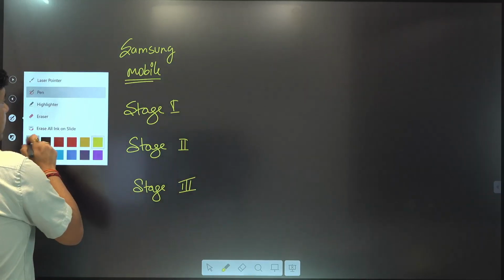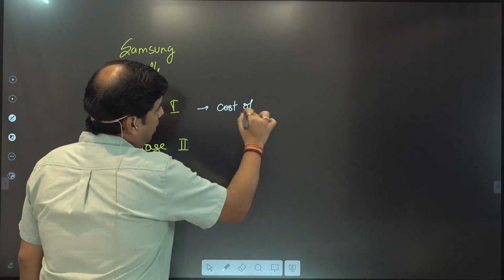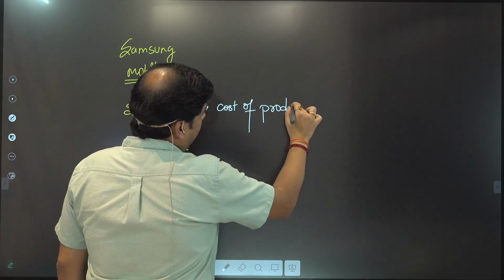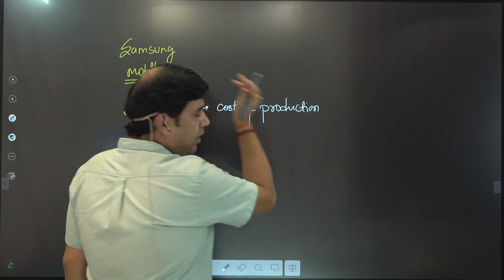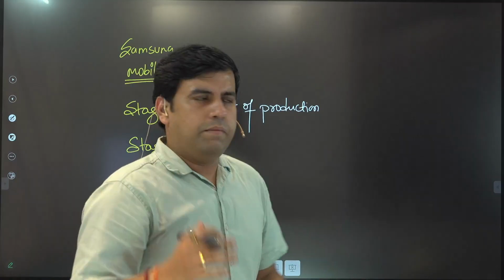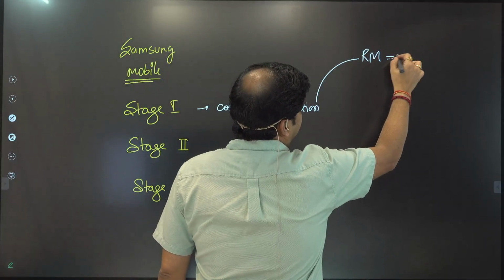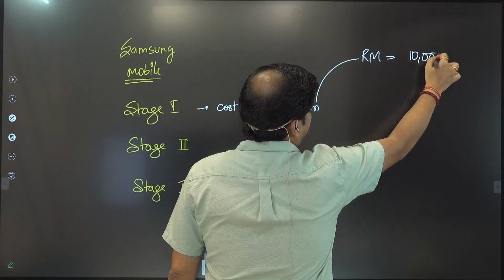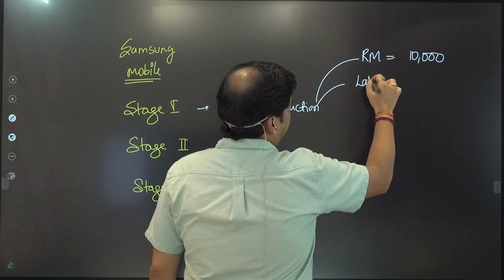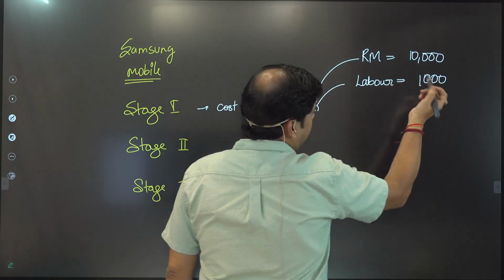Now at stage 1, it is based on the cost of production. Chalo, let's calculate. We'll take a random number and calculate through it. For raw material, it is 10,000. For labor, it is 1,000 per mobile phone.